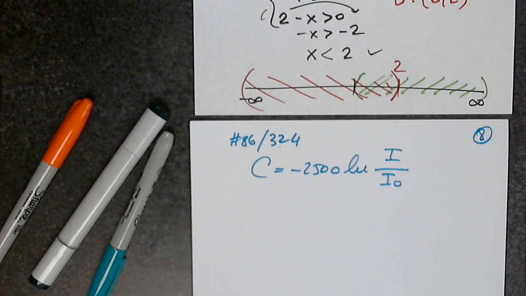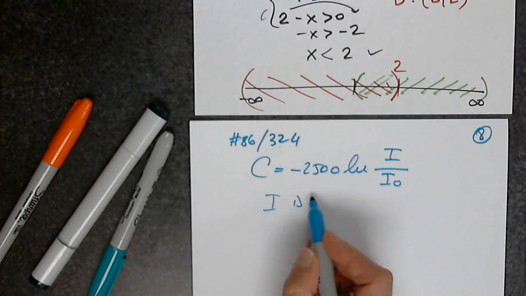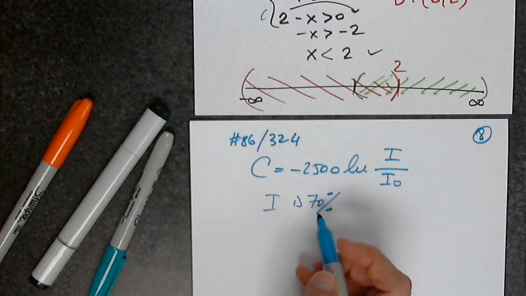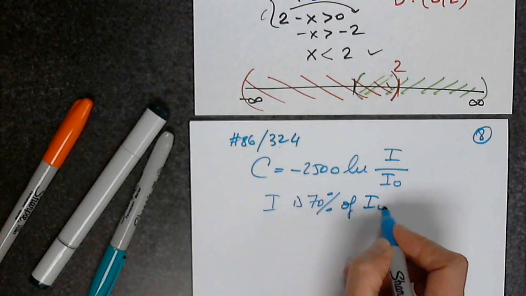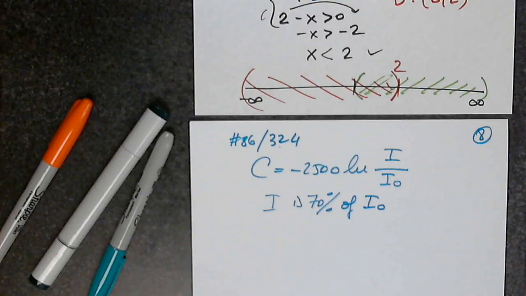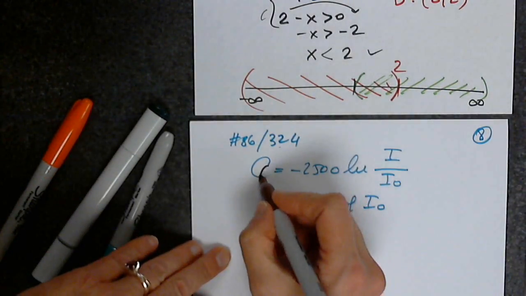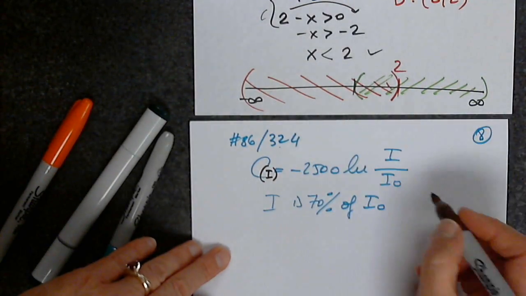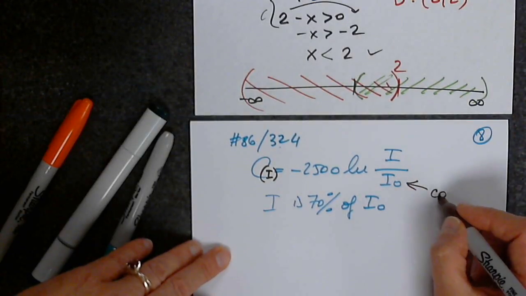Find the concentration of the substance if the intensity I is 70% of I0. This is very important. I is 70% of I0. So obviously the variable is I, so this should be C of I. I is a constant, I0 is a constant.